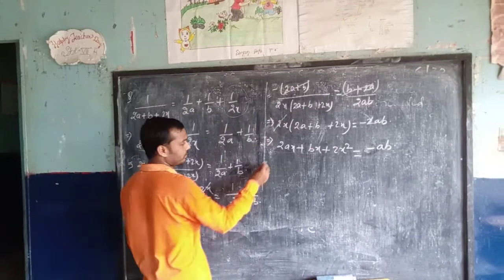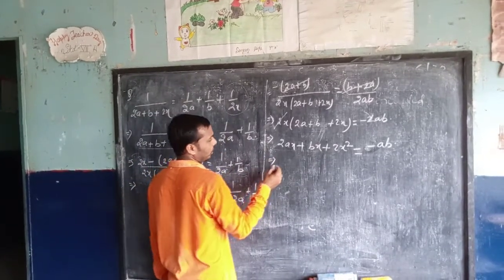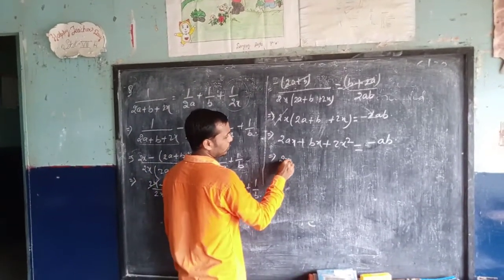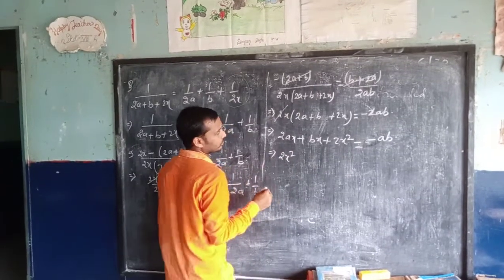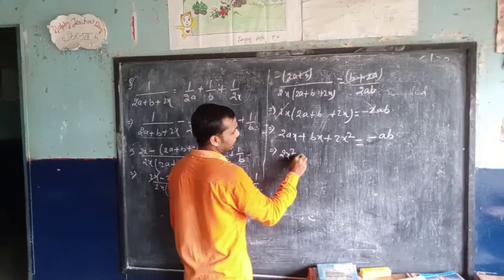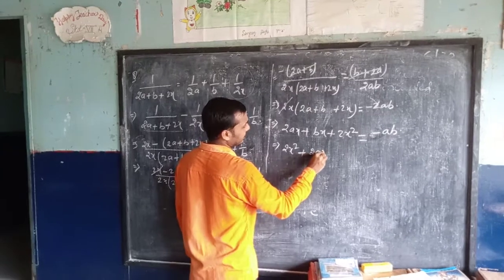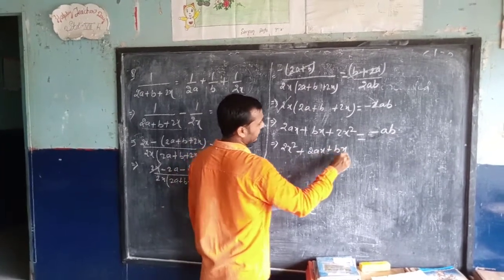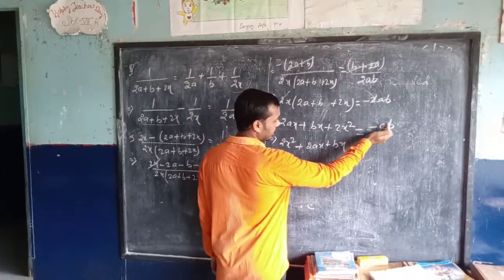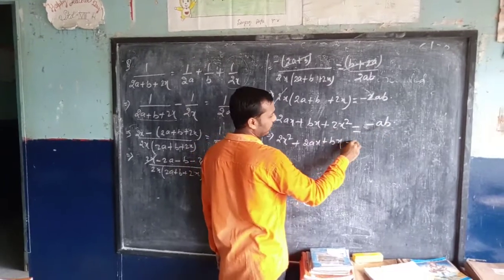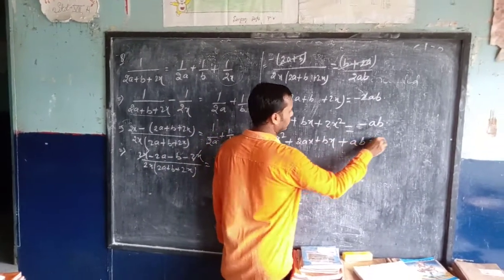Now arrange these terms. On arranging, what you will get? 2x square. In the middle you will get 2ax plus bx, and at the place of the constant, just interchange to your RHS, you will have plus ab equal to 0.